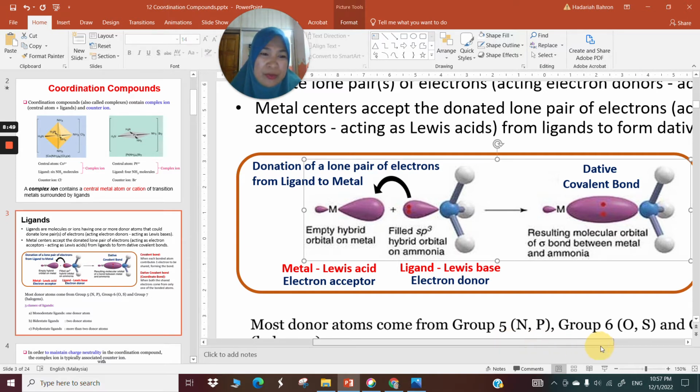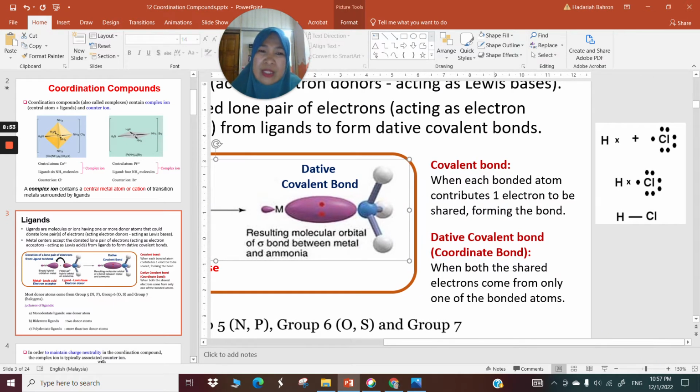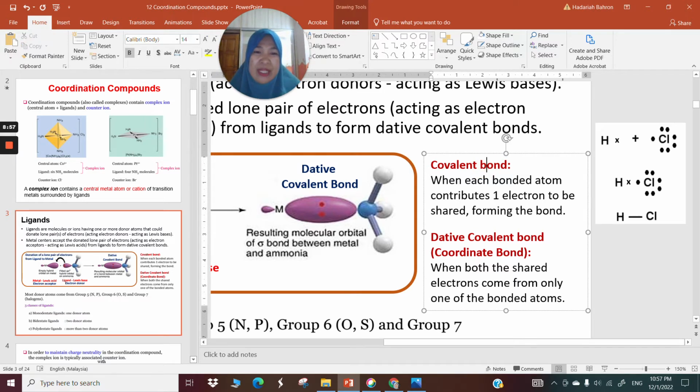So I'm going to quickly run through with you the difference between a typical or an ordinary covalent bond and a dative covalent bond, which is also called coordinate bond. Now, a covalent bond is formed when each bonded atom contributes 1 electron to be shared, forming the bond.